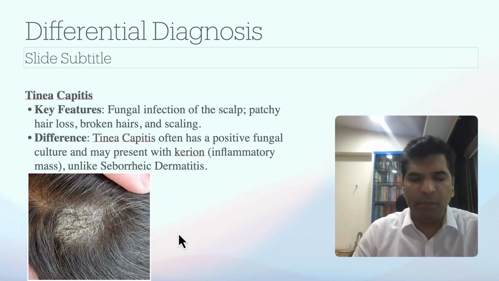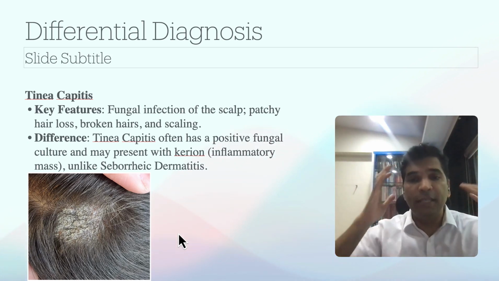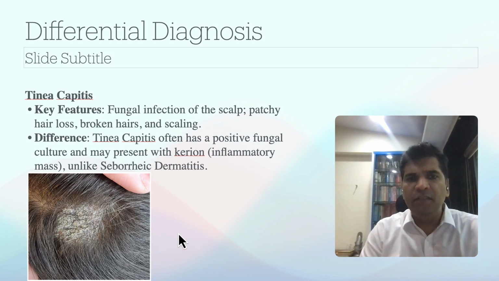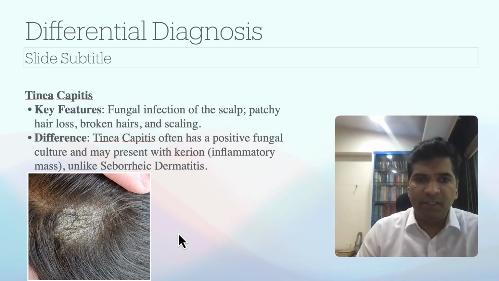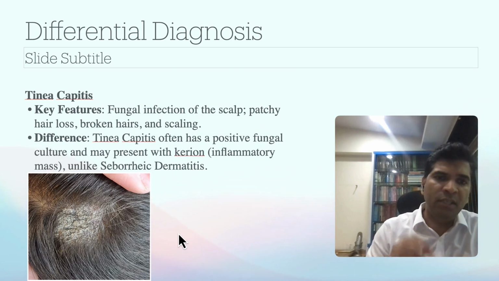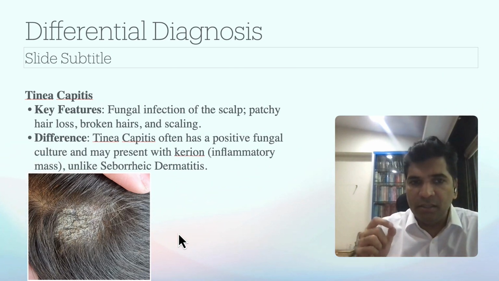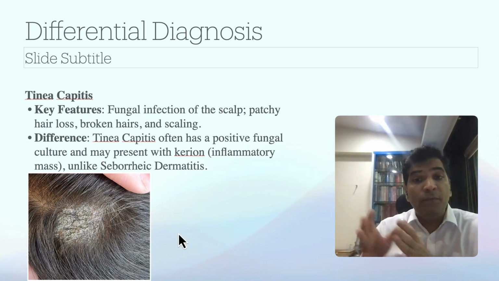Then you have tinea capitis. Again, on the scalp, mimicking dandruff. It is a fungal infection of the scalp with patchy hair loss, broken hairs, and scaling. The difference is tinea capitis often has a positive fungal culture, but that is for testing.